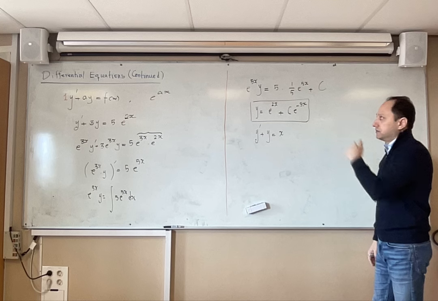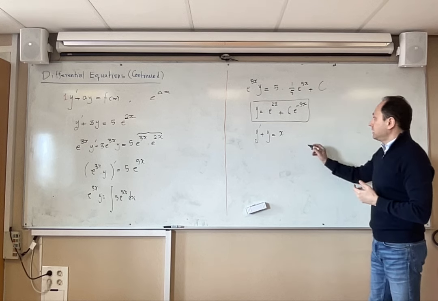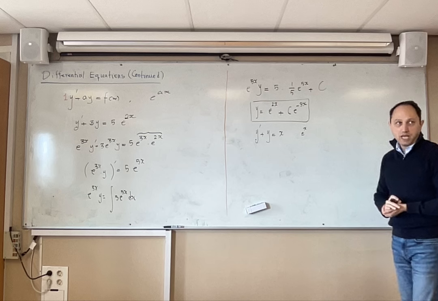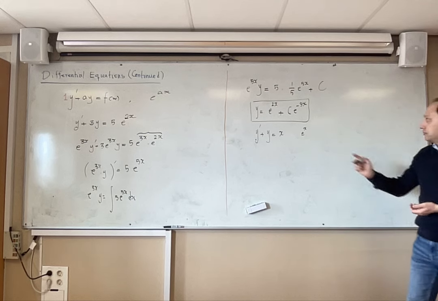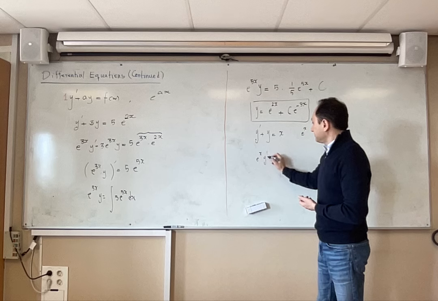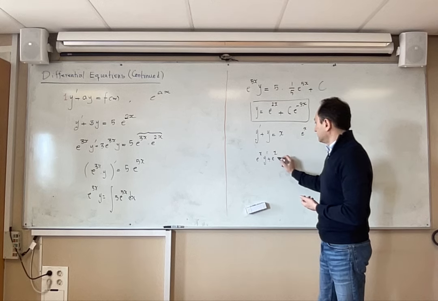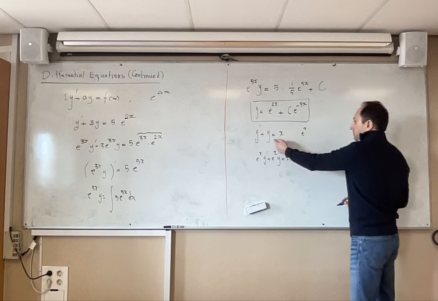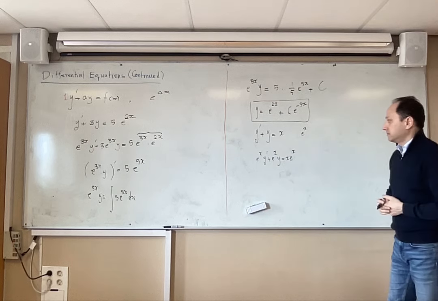I should be able to solve it using this method. So my integrating factor is e to the power of x itself, because a is 1 in this problem. I multiply everything by e to power x. So I multiplied my differential equation by that.